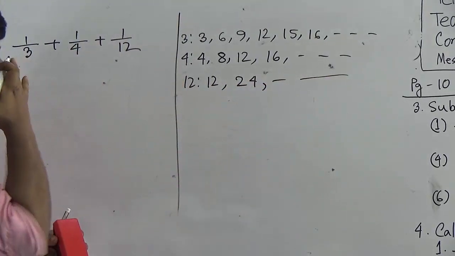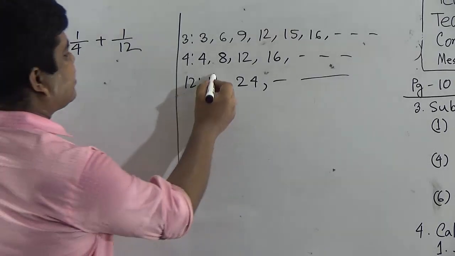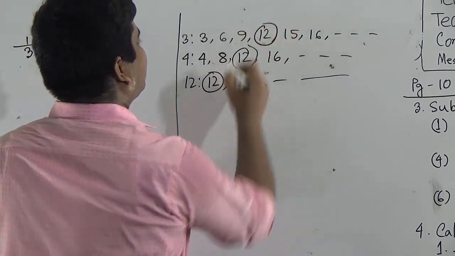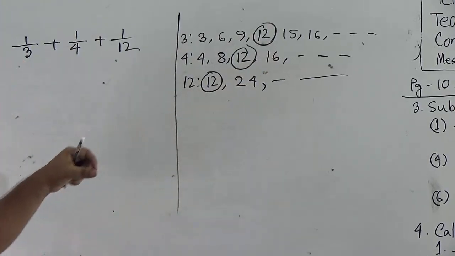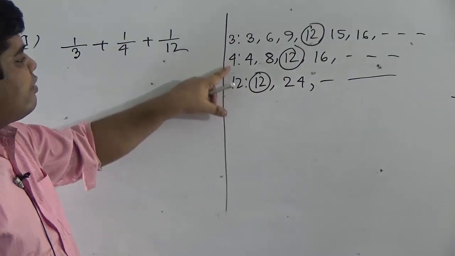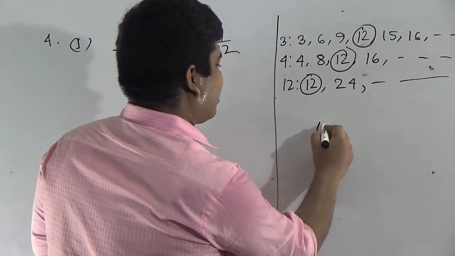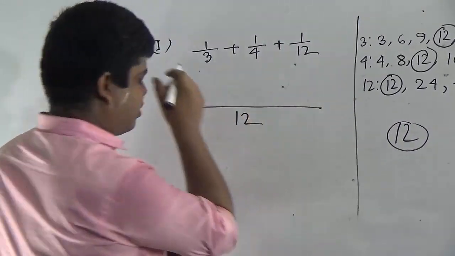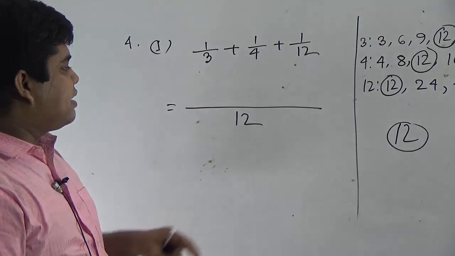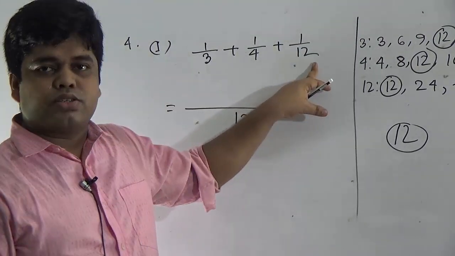My dear students, notice here 12 is the common multiple, which is lowest. So we can say that the LCM of 3, 4 and 12 is 12. Now we write 12 as the LCM of 3, 4 and 12.